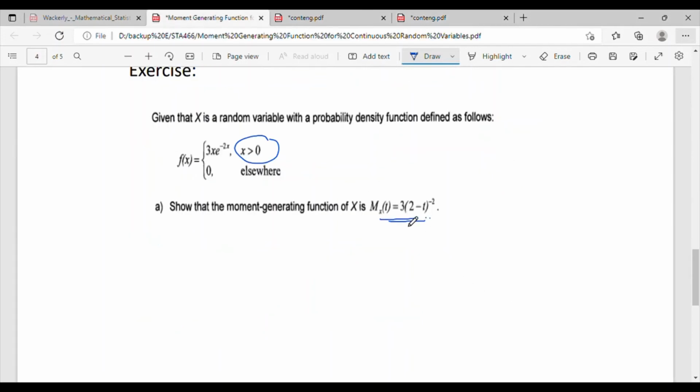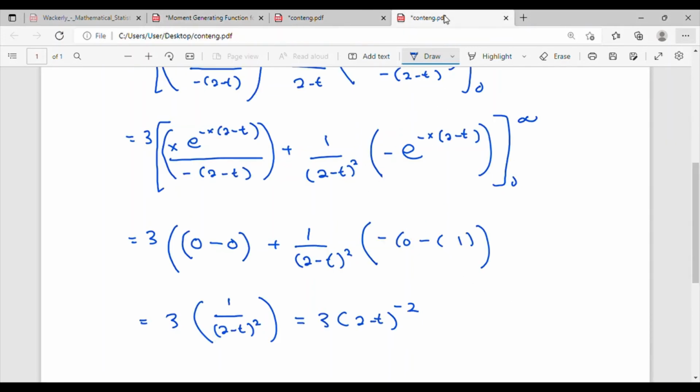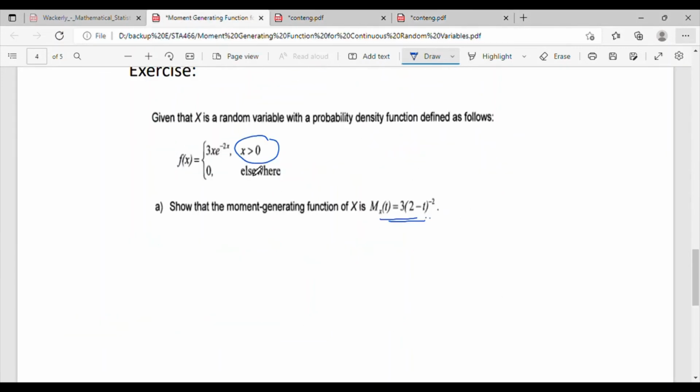Okay, it's the same as that earlier part. So this is the proof of the MGF for this function.